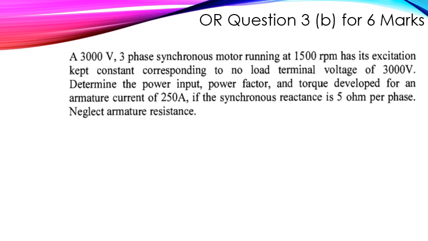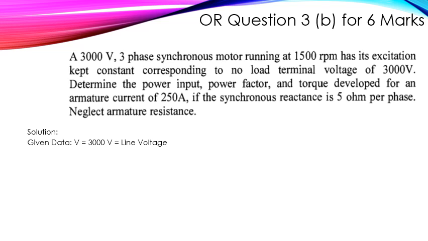Determine the power input, power factor and torque developed for an armature current of 250 ampere if the synchronous reactance is 5 ohm per phase, right? We have to neglect armature resistance here.